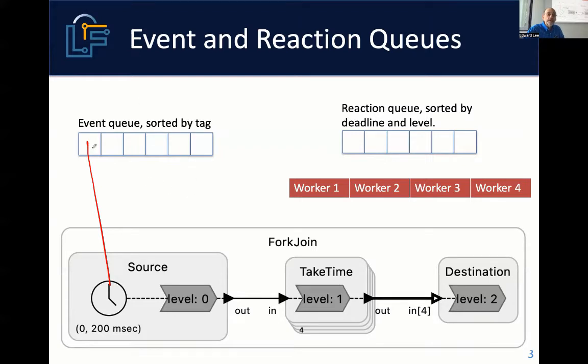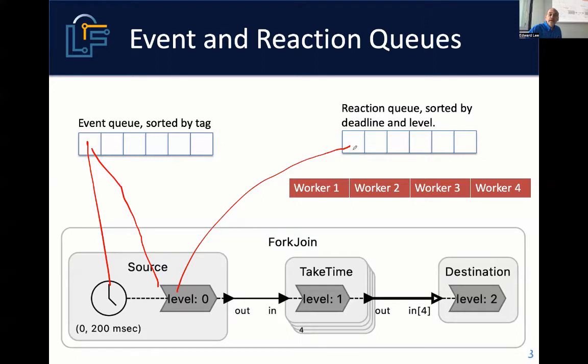Then what the execution engine does is pull off the first event on the event queue, determine what the tag is, and then it pulls off all events that have that same tag. And each of those events has one or more destination reactions that are triggered by it. So it puts those reactions onto the reaction queue, which sorts them by level.